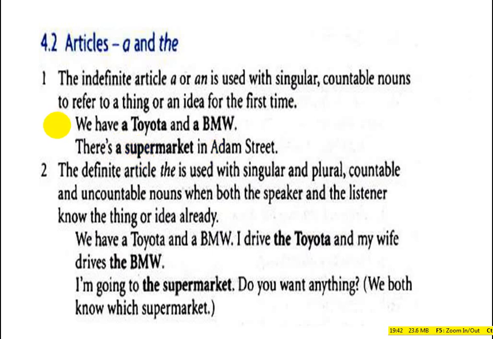Where is the supermarket? A supermarket, we use the indefinite article because we do not know where the supermarket is, so it is in Adam Street. But here we use the definite article the because we both know that the supermarket is in Adam Street. We already knew the idea before.